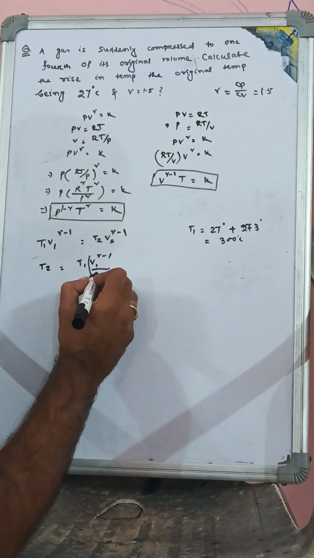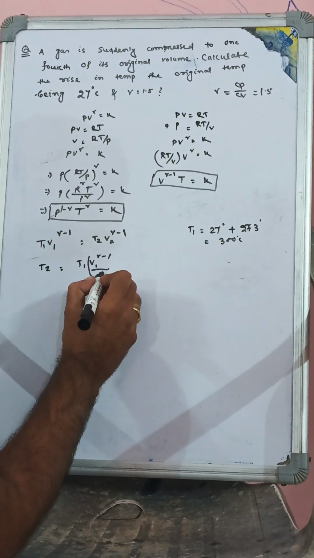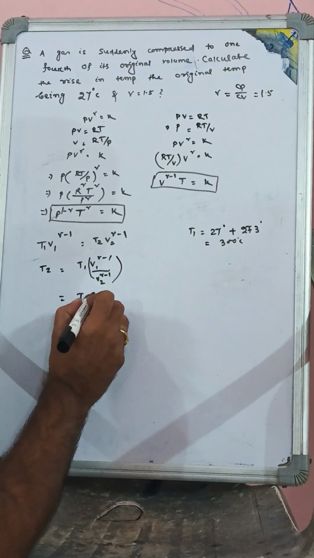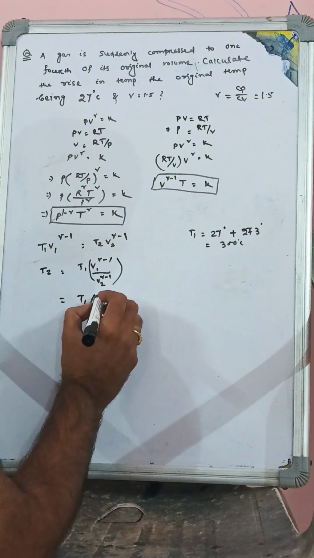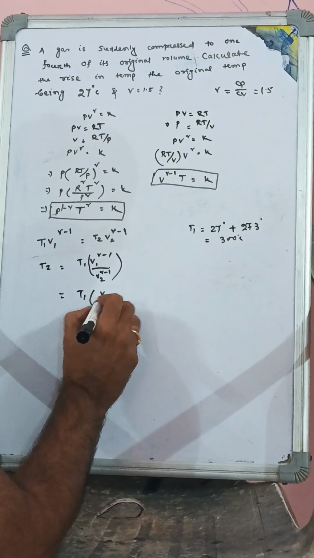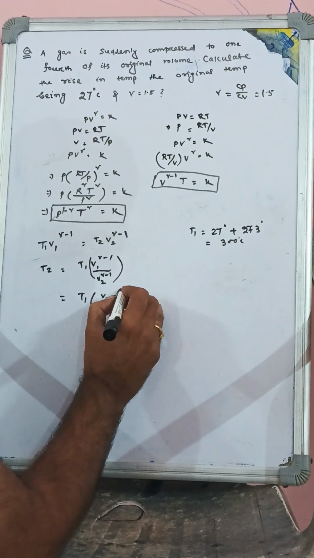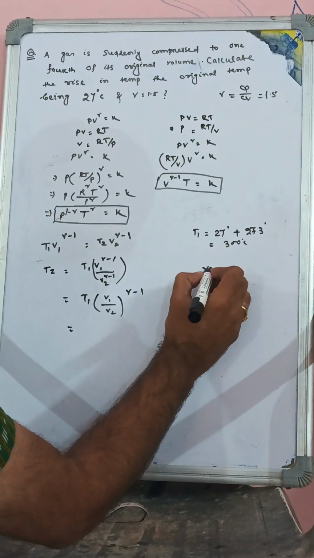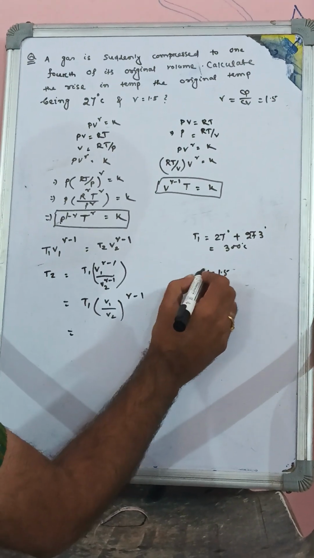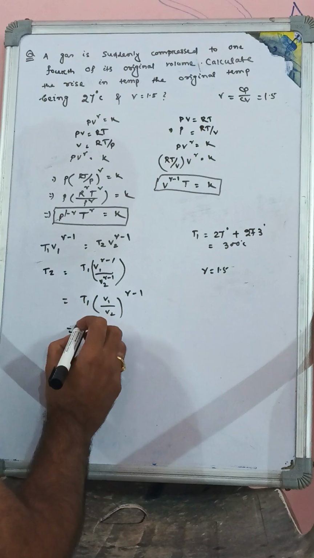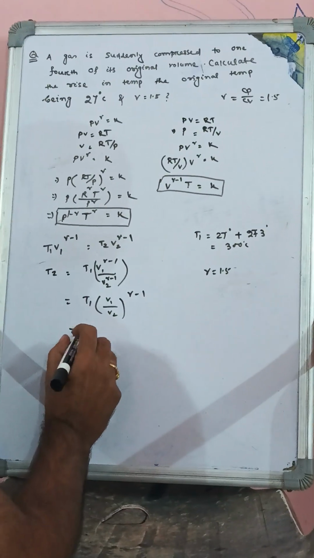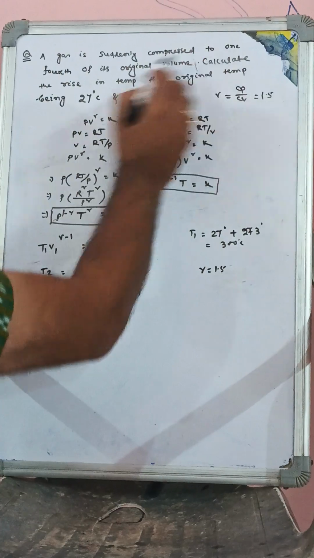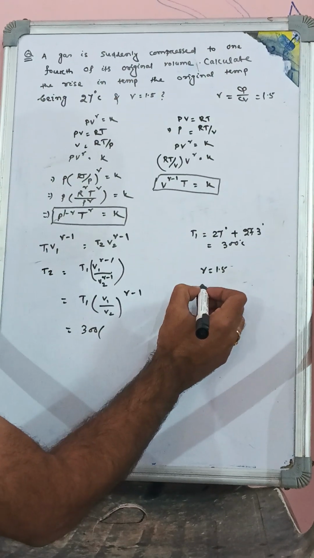So T2 is T1 into V1 divided by V2 to the power gamma minus 1. We know gamma is 1.5. T1 is equal to 300, and the volume is 1/4th of its original volume.